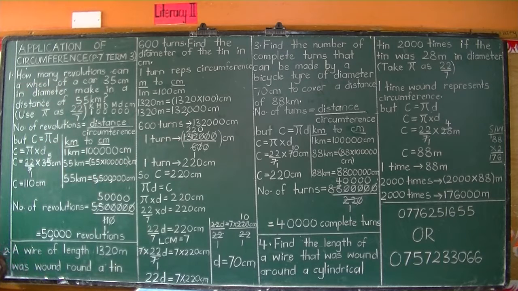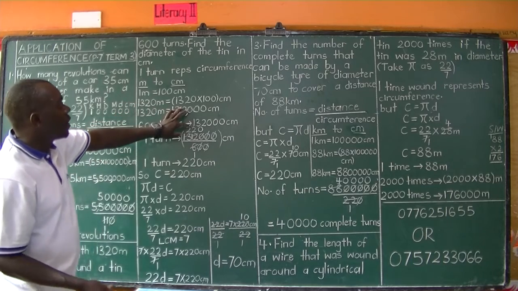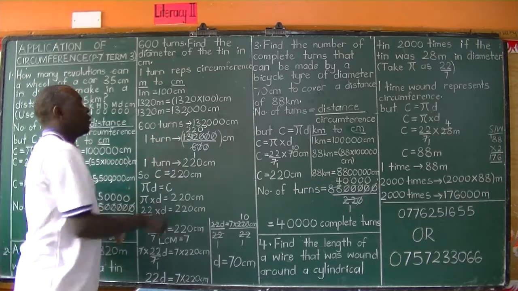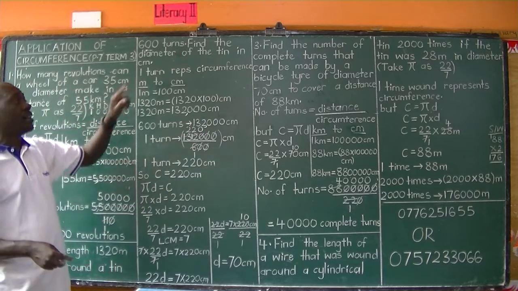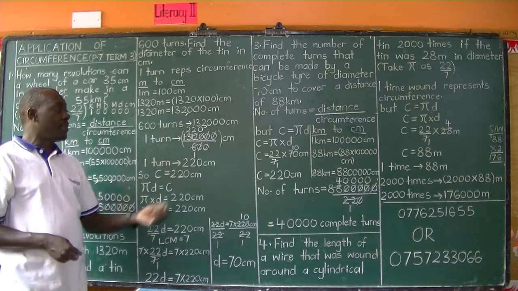And now it was wound around how many times? 600 times. So all 600 turns took the wire of 132,000 centimeters. What about 1 turn? We shall call it the circumference. So 1 turn will get 132,000 divided by 600.